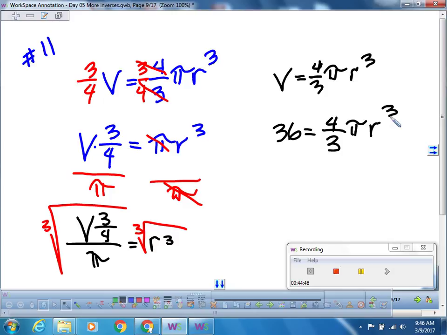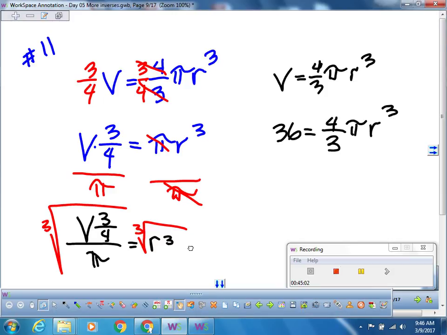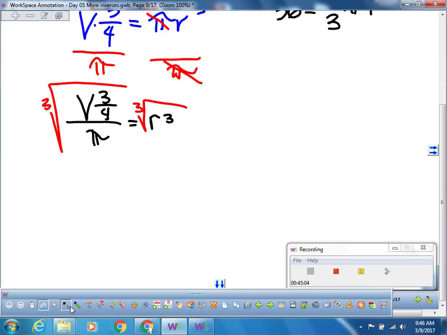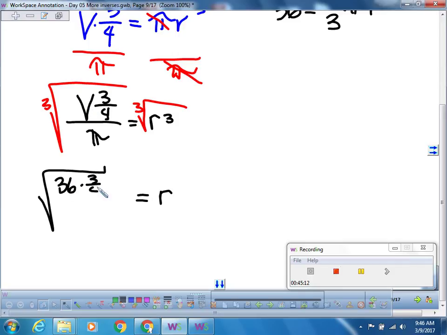It told me in the problem. So what would I do with that one? The same stuff, right? I could have found the radius by plugging in the volume there. If this is 36, it'd be 36 times 3/4 divided by pi, and then take the cube root of it. That's how you would find it.